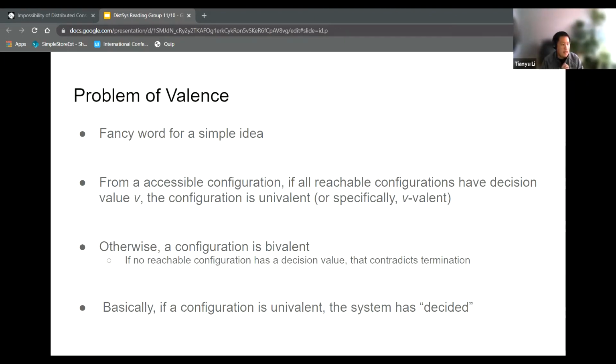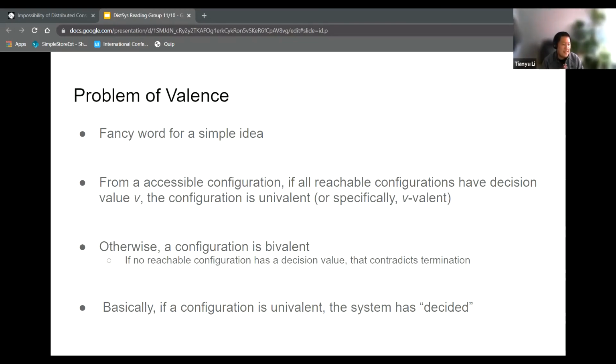If from an accessible configuration all reachable configurations have decision value V, we just call the configuration univalent, or specifically, if it's all zeros or all ones, let's say 0-valent or 1-valent. Otherwise, the configuration is bivalent, right? If no reachable configuration has a decision value, that obviously is not allowed because then the thing won't terminate. So every configuration is either univalent or bivalent, right?